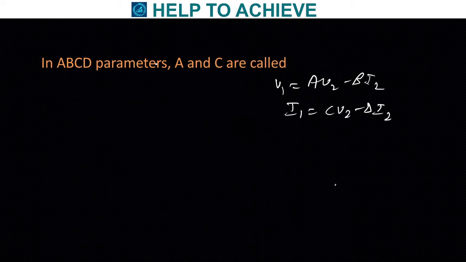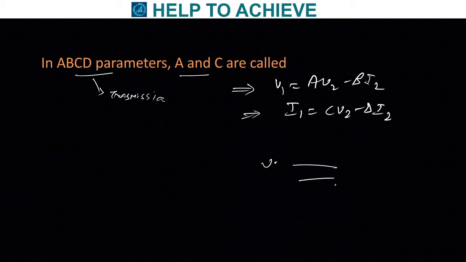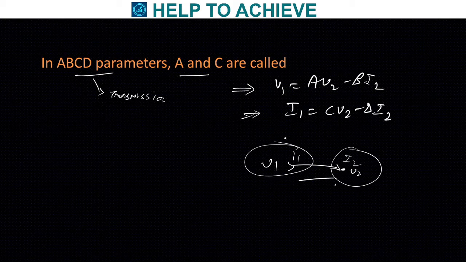Next, in the ABCD parameters, A and C are called. ABCD is also known as the transmission parameters. For a two-port network with V1, I1 and V2, I2, these are related by the equations V1 is AV2 minus BI2, I1 is CV2 minus DI2.